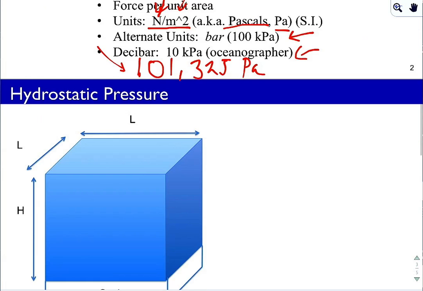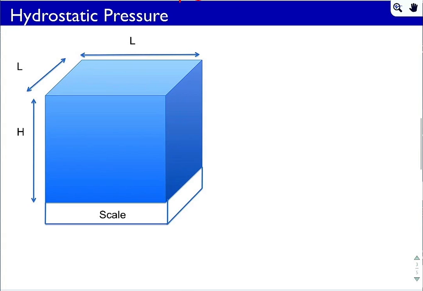pushing down on us. Now, there are different kinds of pressure in the ocean or in fluids. You may have taken courses where you learn about lifting, why airplanes fly, Bernoulli's equations, and the trade-offs between pressure and velocity.